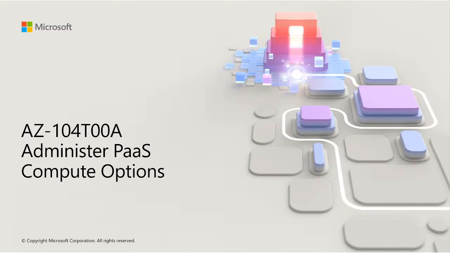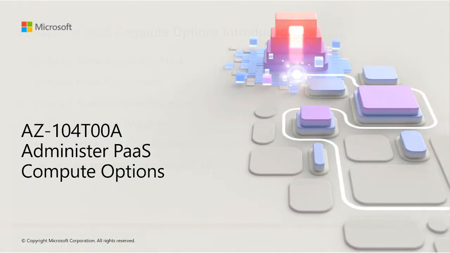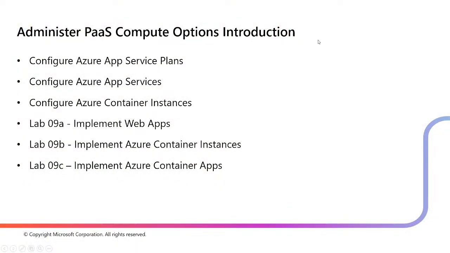We'll talk about Container Instance and the likes, and that's what we're going to be talking about here. The learning objective is how to configure service plans and how to configure the App Service itself, the Container Instance. But before we dive into this, let me just give you what to expect.